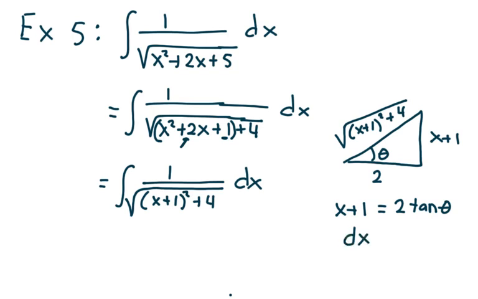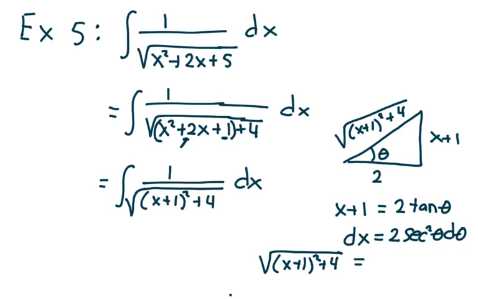So dx is 2 secant squared theta d theta. And the square root of (x plus 1) squared plus 4 is 2 secant theta. And then it's just straight substitution.